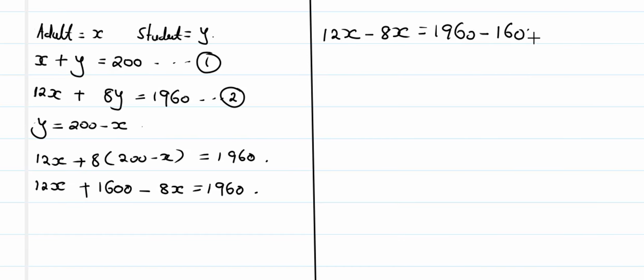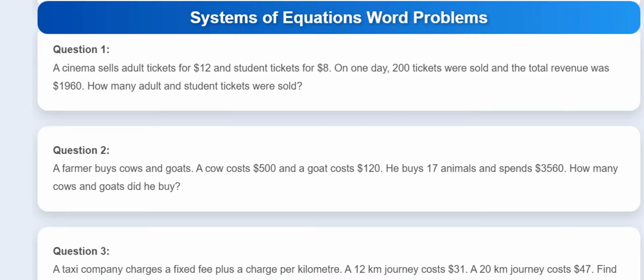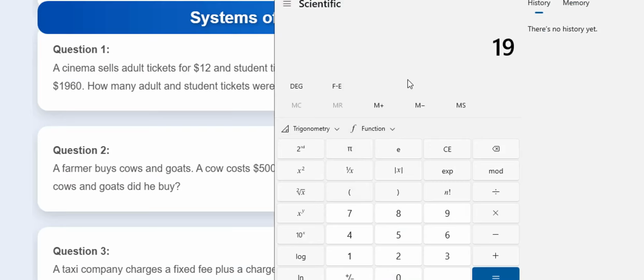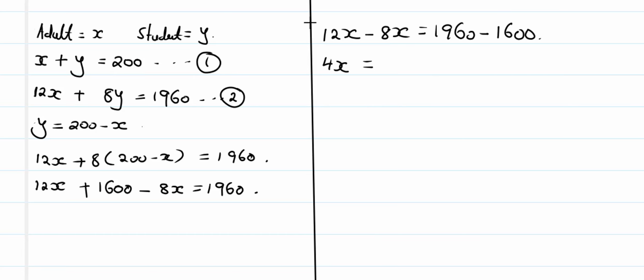So 12 minus 8 is 4X. Then I think 1960 minus 1600 is 360, but we can confirm with our calculator. 1960 minus 1600 is 360. Yeah, 360. Then I divide each side by 4 so that I can get the value of X. So X is equal to 360 divided by 4, which is 90.